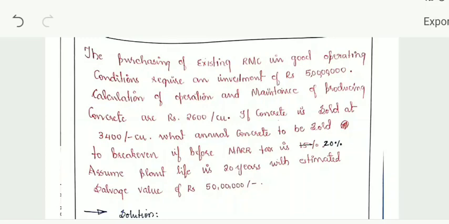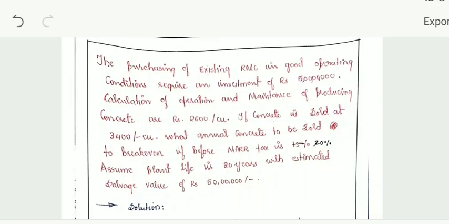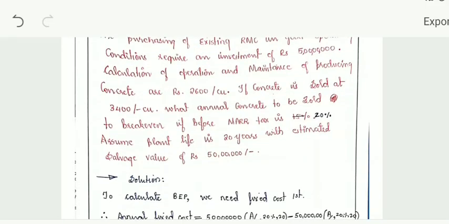If concrete is sold at 3,400 per cubic meter, what annual concrete should be sold to break even before tax at MARR? We have seen in our previous video, it is our minimum rate of return, and tax is 20%. Assume plant life of 20 years with estimated salvage value of 50 lakh rupees.